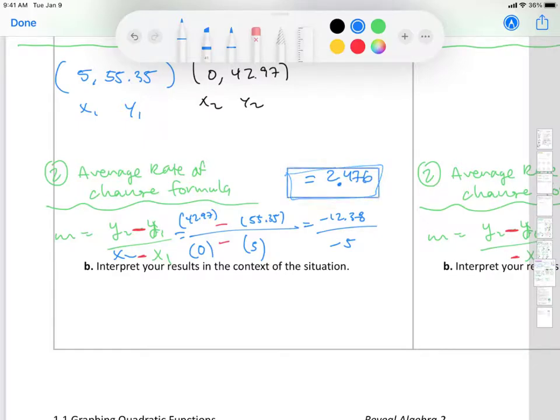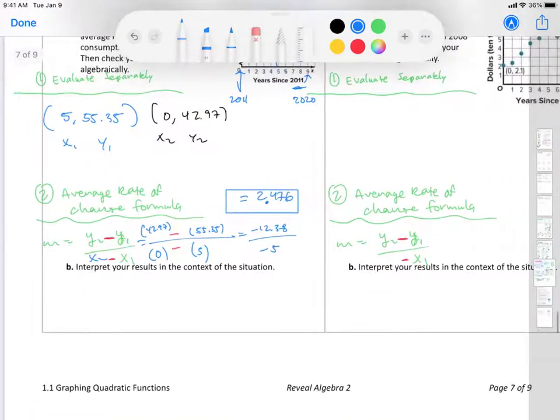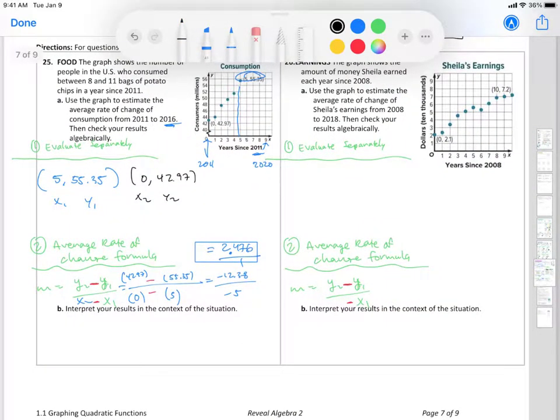Or in context, we can say 2.476 over 1, right? You can always make it over 1. Let's go ahead and highlight the sentence that we're going to use for context. It's always great to write complete sentences.